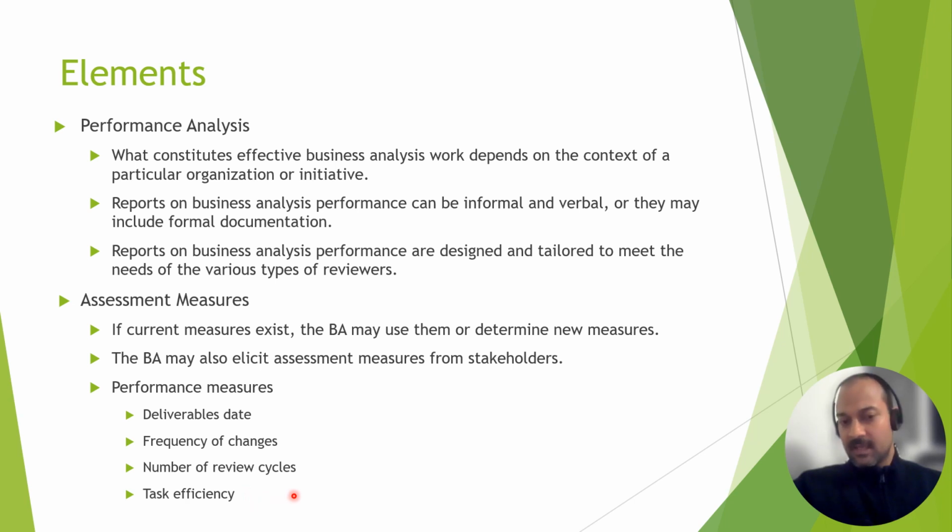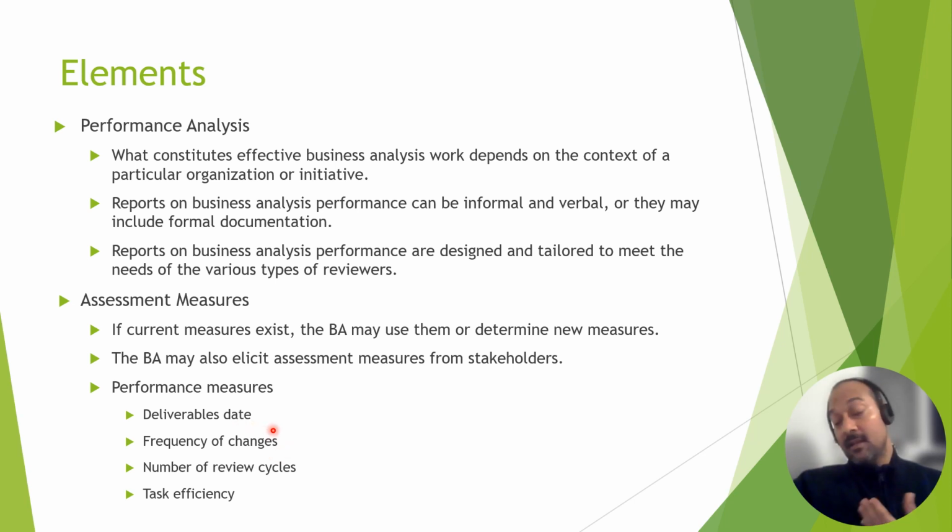Number of review cycles: this means you are getting this information reviewed by some stakeholders, so how many times you are getting it reviewed. If you take more time and more reviews, this means your performance is not good. Frequency of changes: if you change it very frequently and do a lot of versioning in that information, this means you are not eliciting enough information in one go.